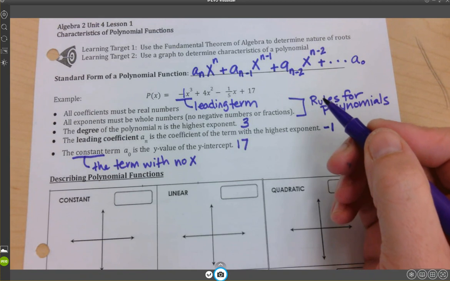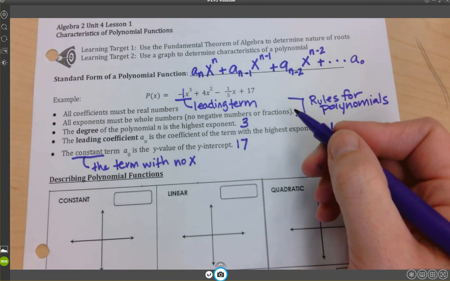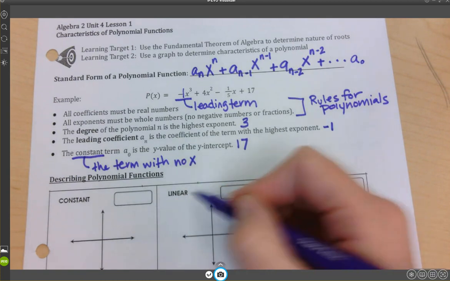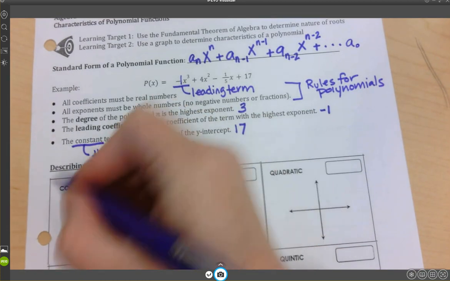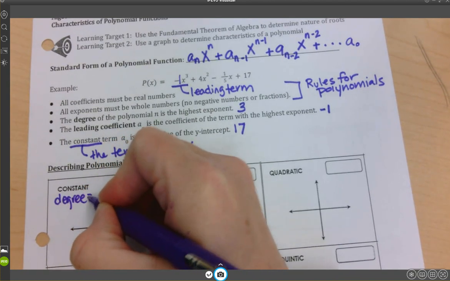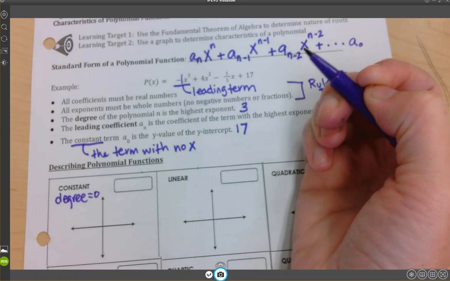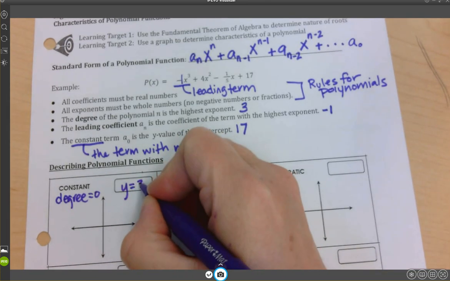All right, we're going to do some examples of polynomials. And these examples all have names that depend on their degree. So when the degree is 0, meaning you don't have any x's, we have a constant function. An example of a constant function might be y equals 3.